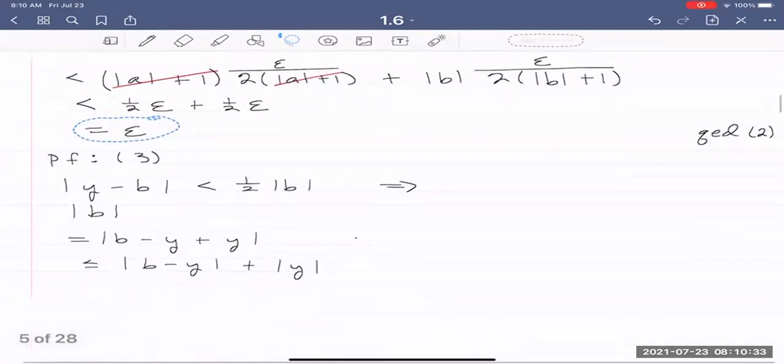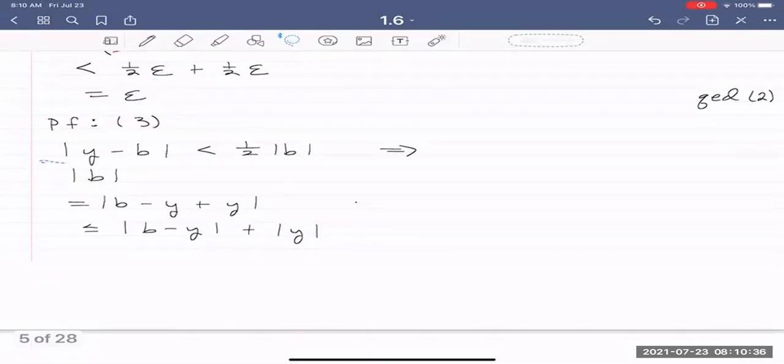Next. Since y minus b in absolute value is less than 1/2 times the absolute value of b, then the absolute value of b is equal to, adding and subtracting y, the absolute value of b minus y plus y.